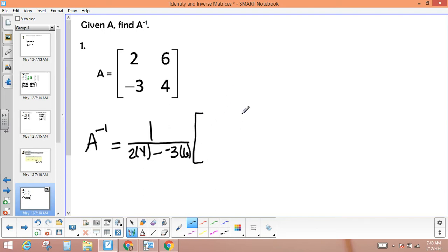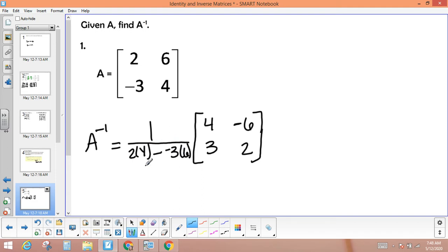Then you're going to multiply that by your matrix, but we're going to change it up a bit. On this diagonal, they switch places, so 4 here, 2 here. On this diagonal, we switch the signs, so negative 6 here, positive 3 here.